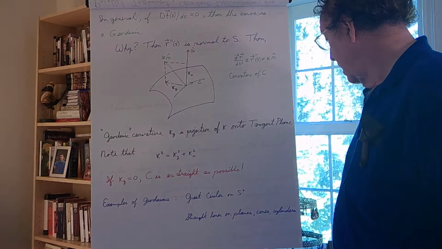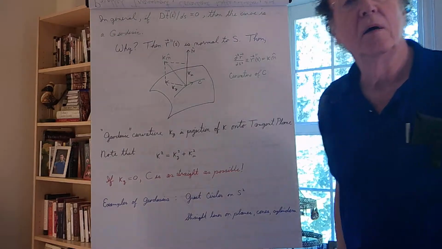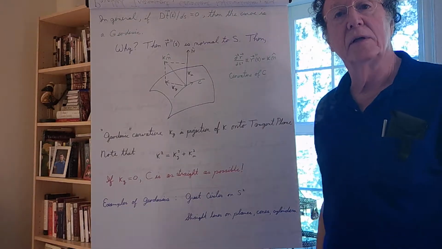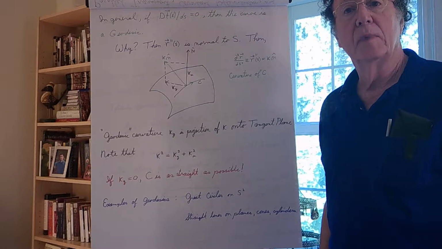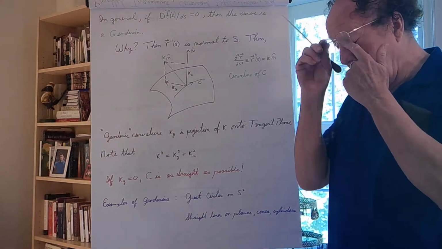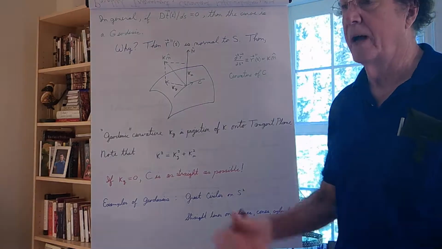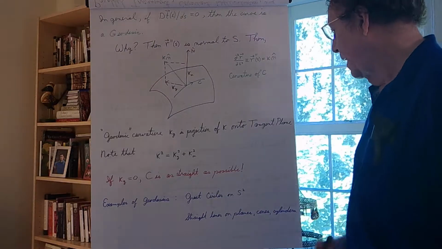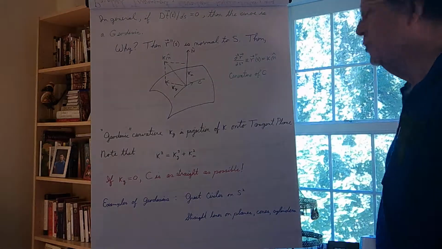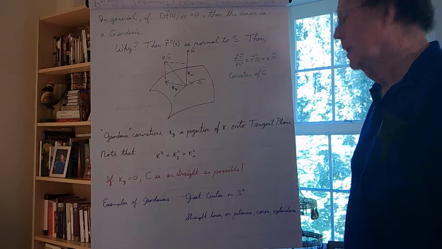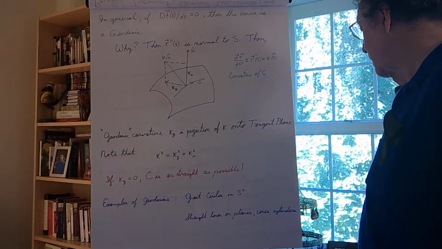On a cone and a cylinder, cones and cylinders are related to R2, to the plane, just by bending, and so they share the same straight lines.